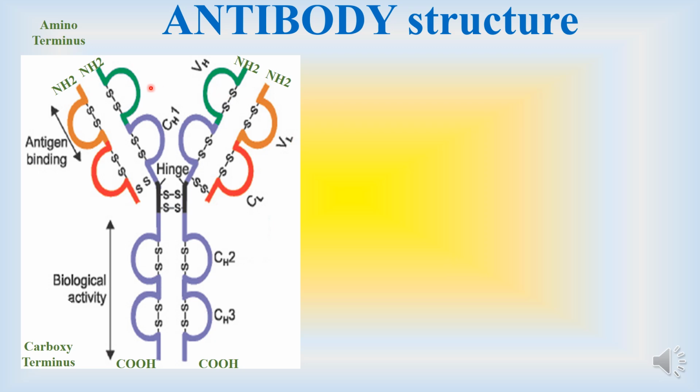The four polypeptide molecules are connected to each other with the help of disulfide bridges. As you can see here, there are two types of disulfide bridges, the intermolecular disulfide bridge and intramolecular disulfide bridges.